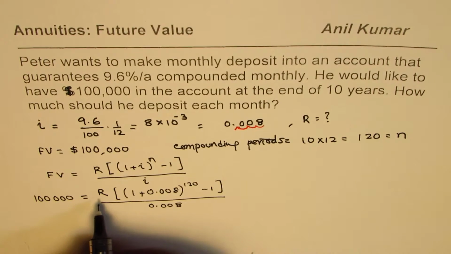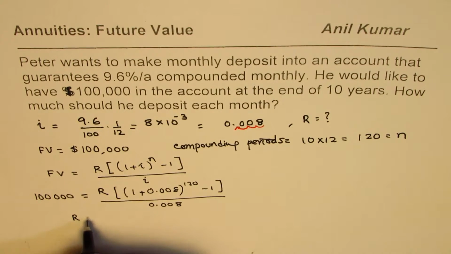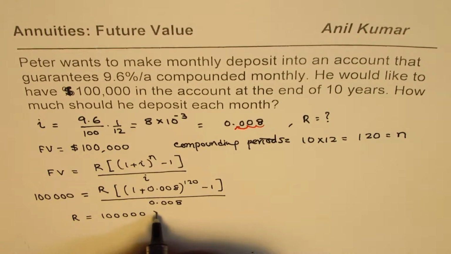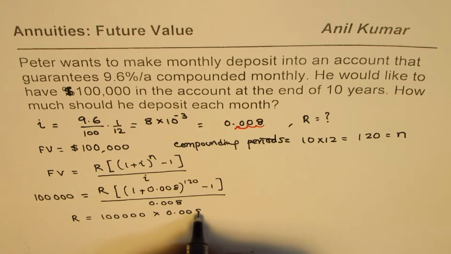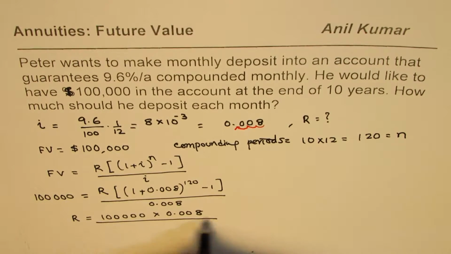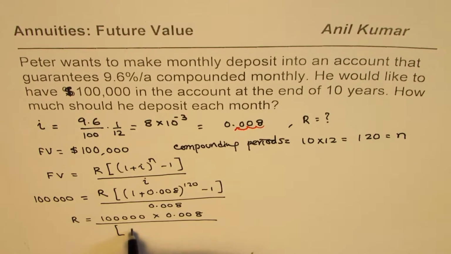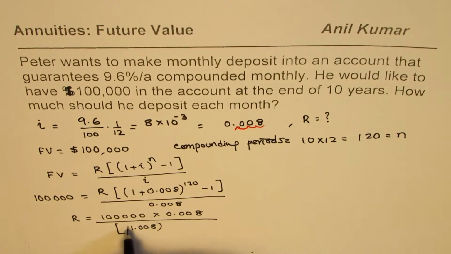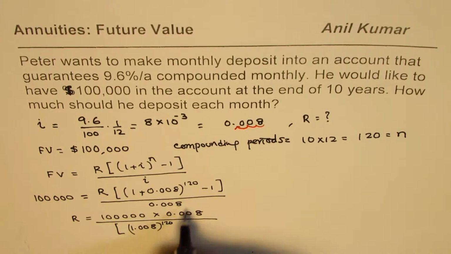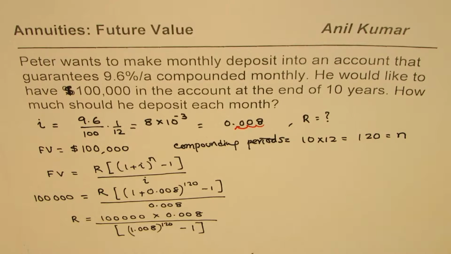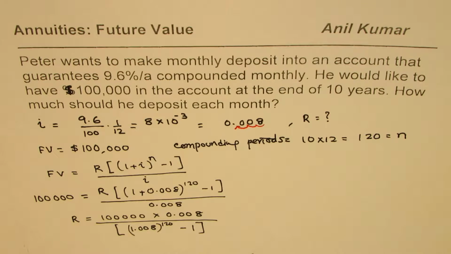So R will be equal to 100,000 times 0.008, and then we divide all this by, let me put the brackets, 1.008 to the power of 120, minus 1. Is it okay? So you could do this and find the value of R. That is how you have to rearrange and do it. So that is one way of doing it.